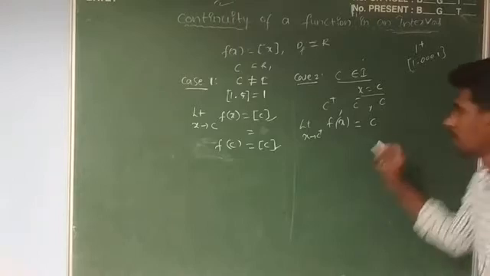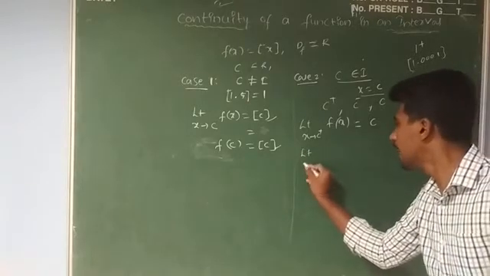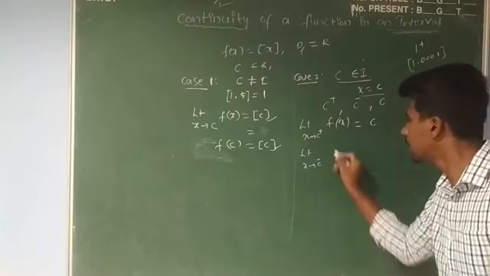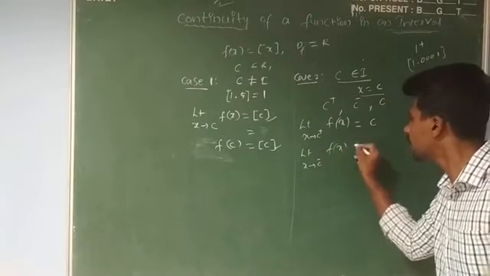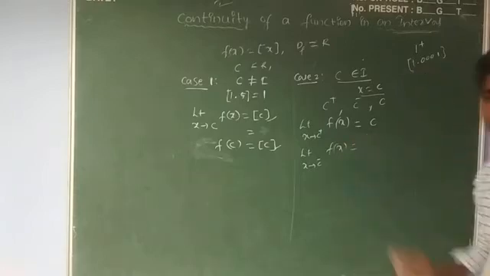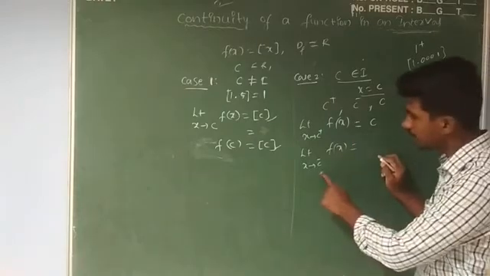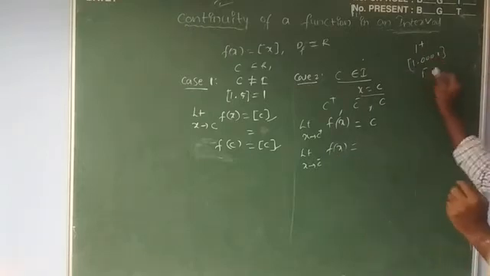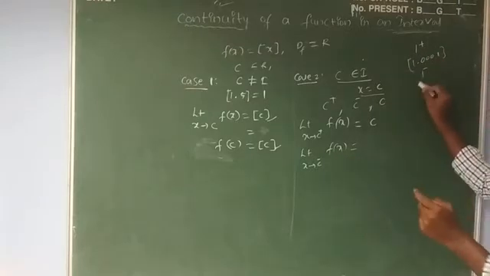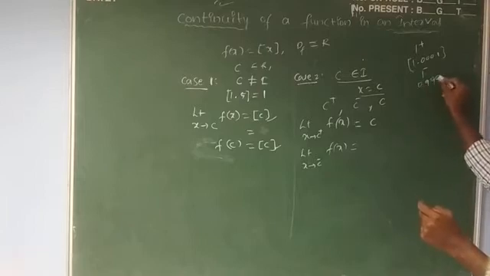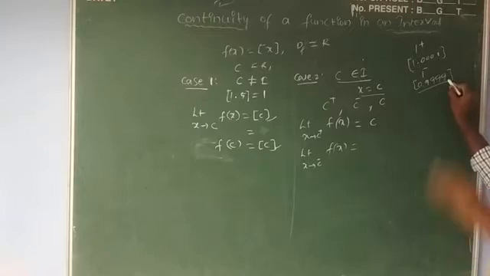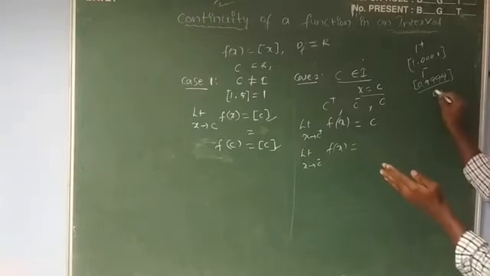Now limit x tending to c minus of f of x. If it is 1 minus, 0.9999 and so on, what is the step value of this? Nearest and smallest, which is 0.